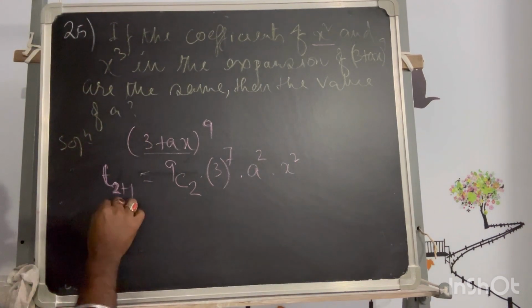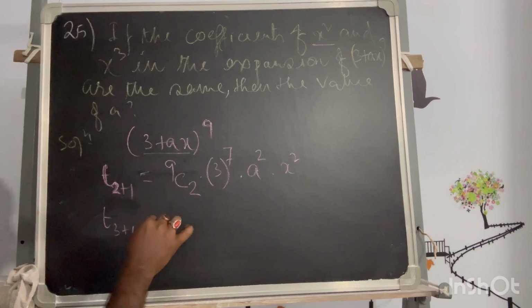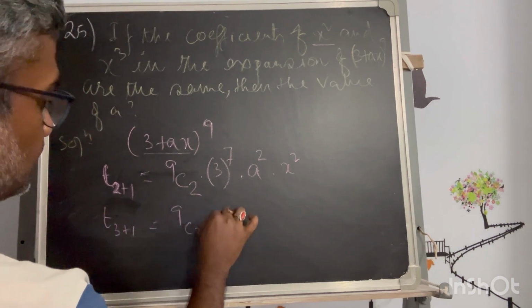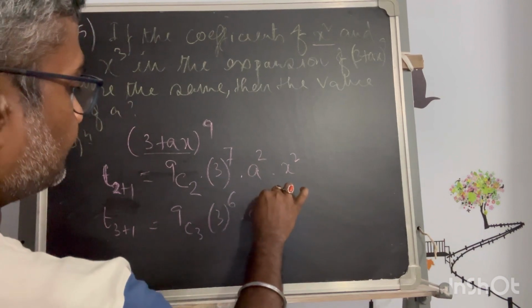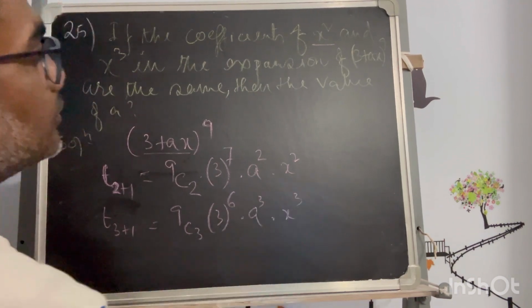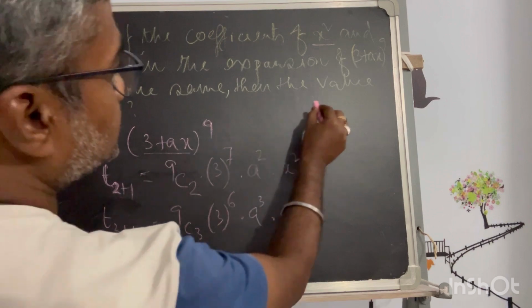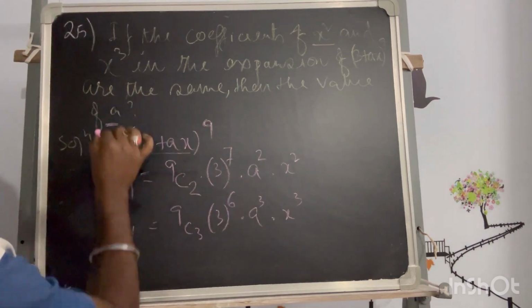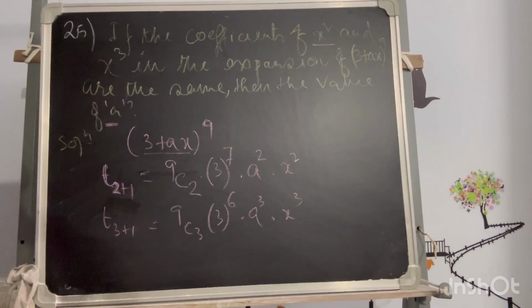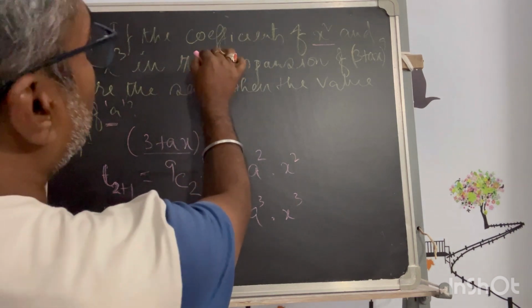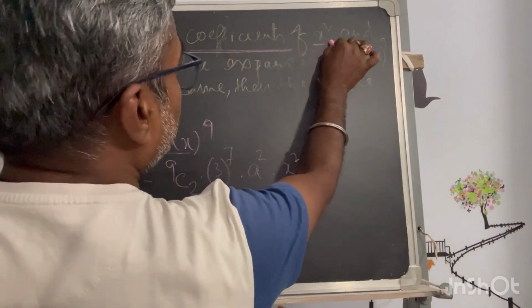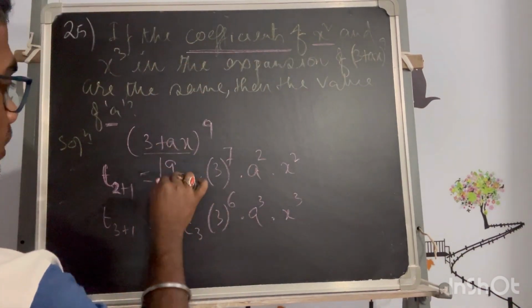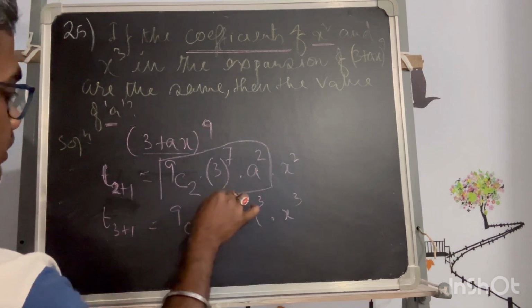Similarly, x cube I will get at 3 plus 1, that means 9C3, 3 to the power 6, a cube and x cube. Your task is to find the value of a. Remember, it is the coefficient of x square and x cube, not the binomial coefficient, so we are talking about the whole thing.